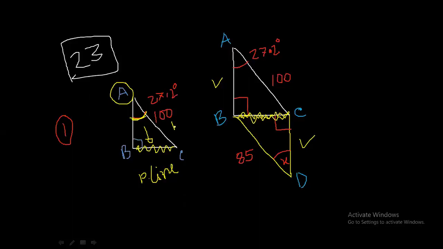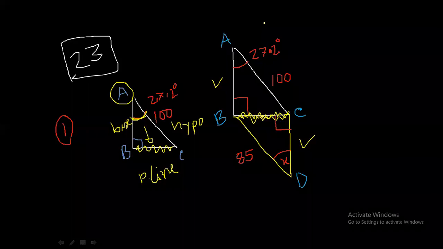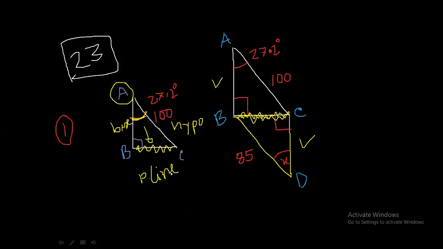And this one will be hypotenuse. So this one will be base. So as I have to find the value of BC, that means the value of perpendicular line, I have to find a formula that consists of hypotenuse and perpendicular line.